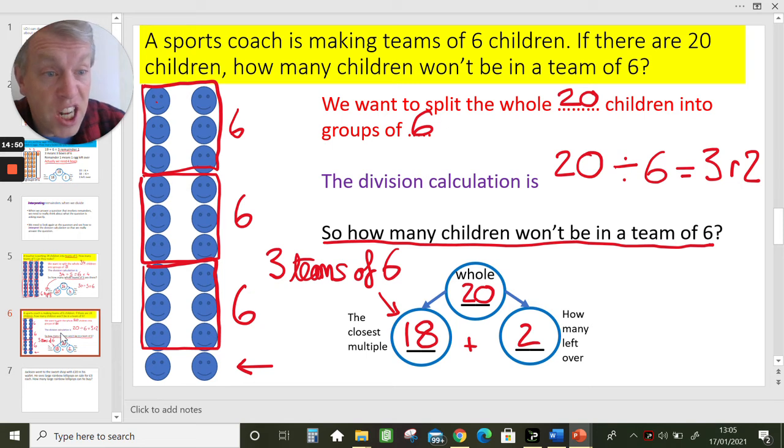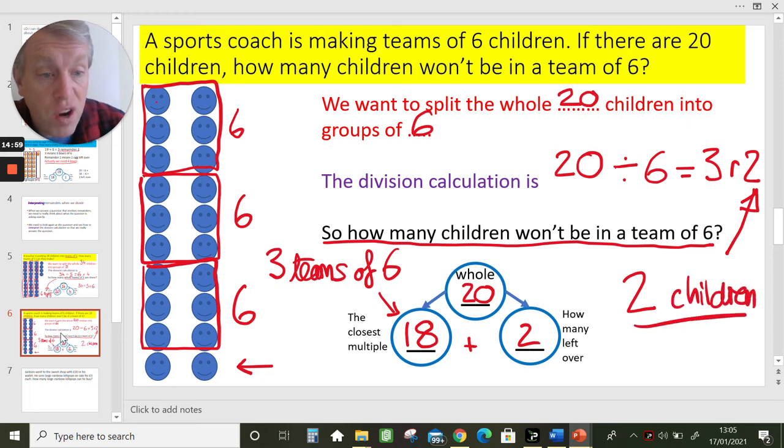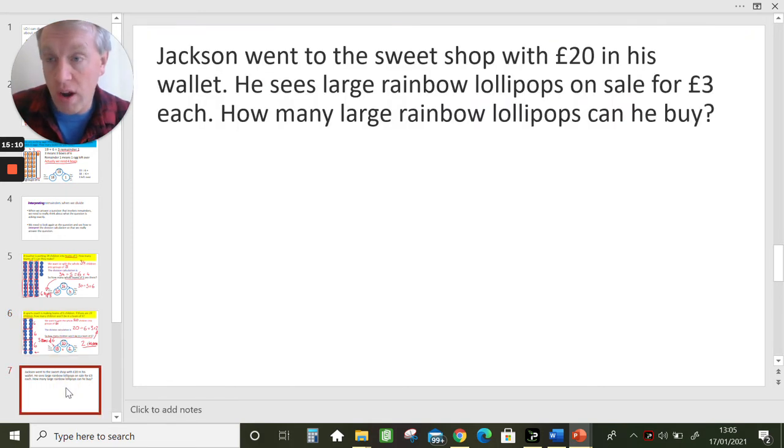So here we're just interested in the remainder, aren't we? The answer is 2 children. This question is really asking us to work out what's the remainder, how many are not included or not involved or left out or left over?